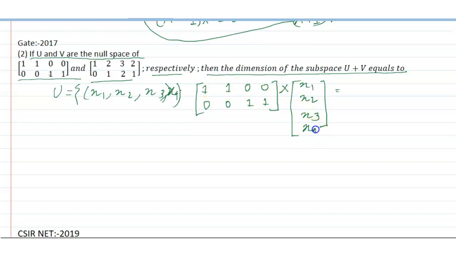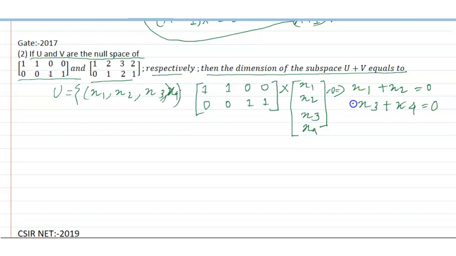So x1 plus x2 equals to 0 and x3 plus x4 equals to 0.